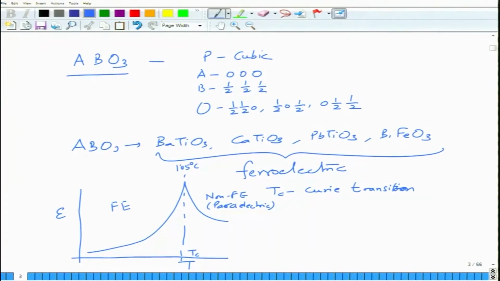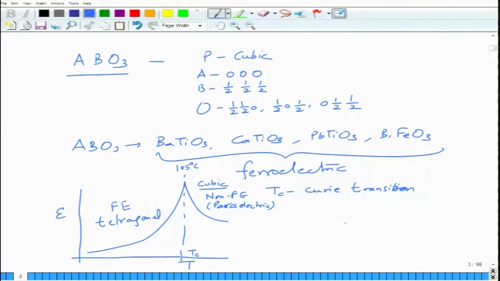Above this Curie temperature of barium titanate, its structure is cubic, so what we followed is perfectly replicated there. But below Tc the material has a tetragonal structure.